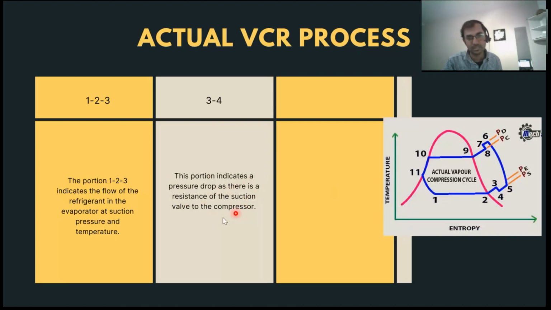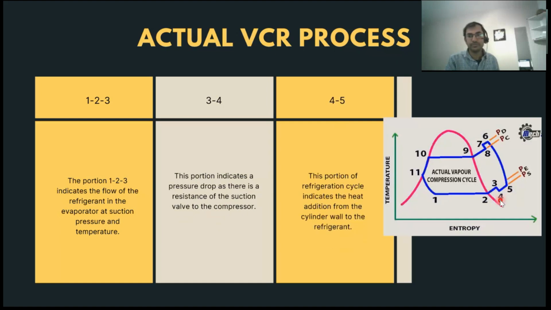Due to this resistance there will be some pressure drop or losses. Now 4 to 5 means this portion of the cycle indicates heat addition from the cylinder wall to the refrigerant. The cylinder wall will add some heat and it will end up with some losses.